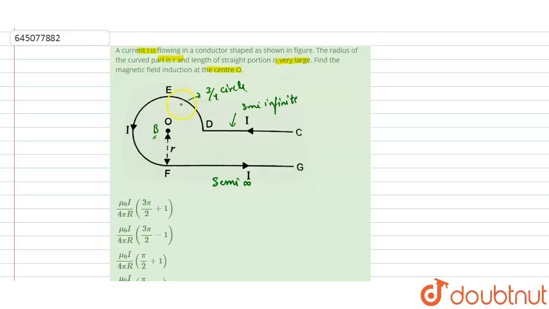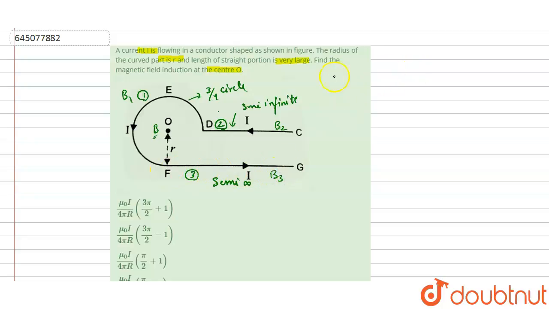Now let us consider that the magnetic field due to this 3 by 4th part of the circle is B1, and this is second. Now due to this the magnetic field is B2, this is 3, and the magnetic field due to this wire is B3.